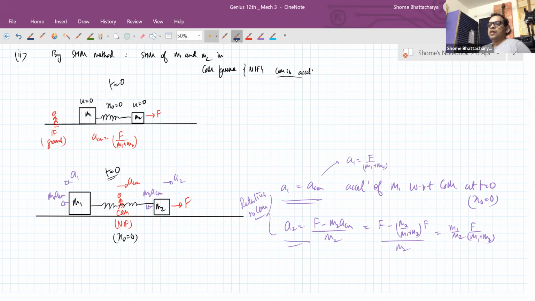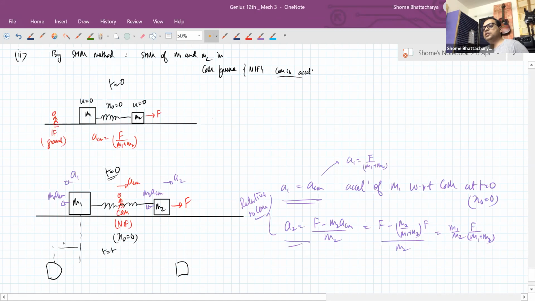Okay. So now, after some time, how is this system going to look in the center of mass frame? This is moved by some x1. This is moved by some x2.